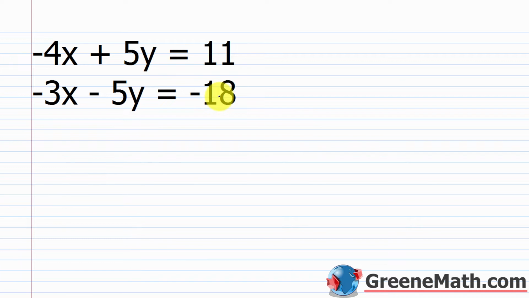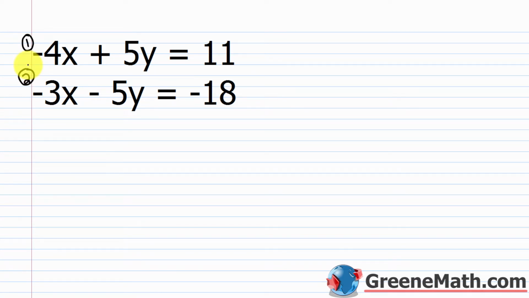The first thing I want to do when using the elimination method is take the left side of one of the equations and add it to the left side of the other equation. I'm going to label the top equation as equation 1 and the bottom equation as equation 2, just for reference.